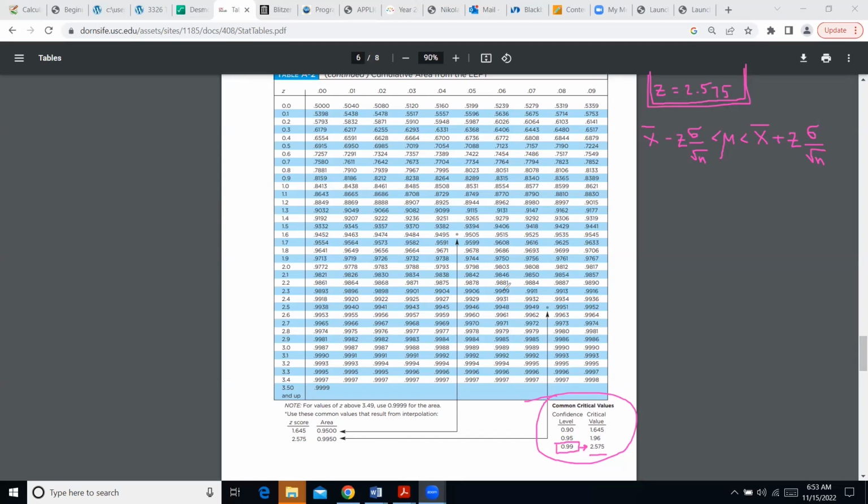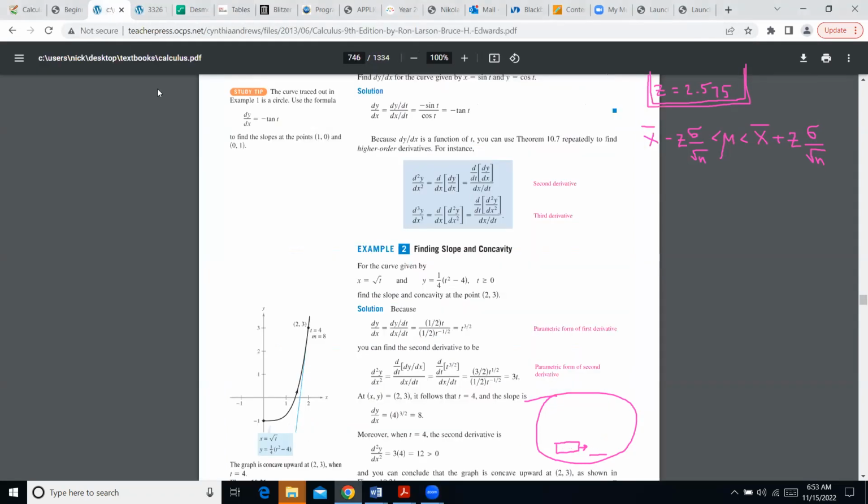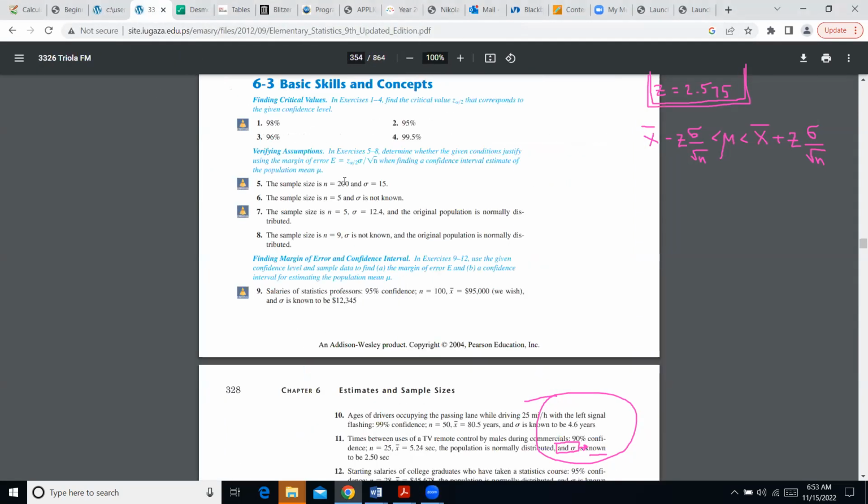But I guess this level of confidence is something that is good to work with. In fact, this is throughout the entire chapter 6. We just started it. And today I'd like to continue using the formula for finding the level of confidence. So, for example, let's try to do one of the exercises in here.